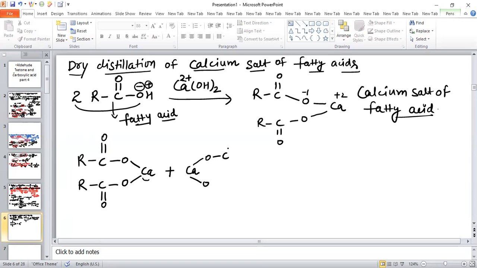Now you can see the reaction of this compound with C double bond O and H. This is again C double bond O and H. This compound is given.